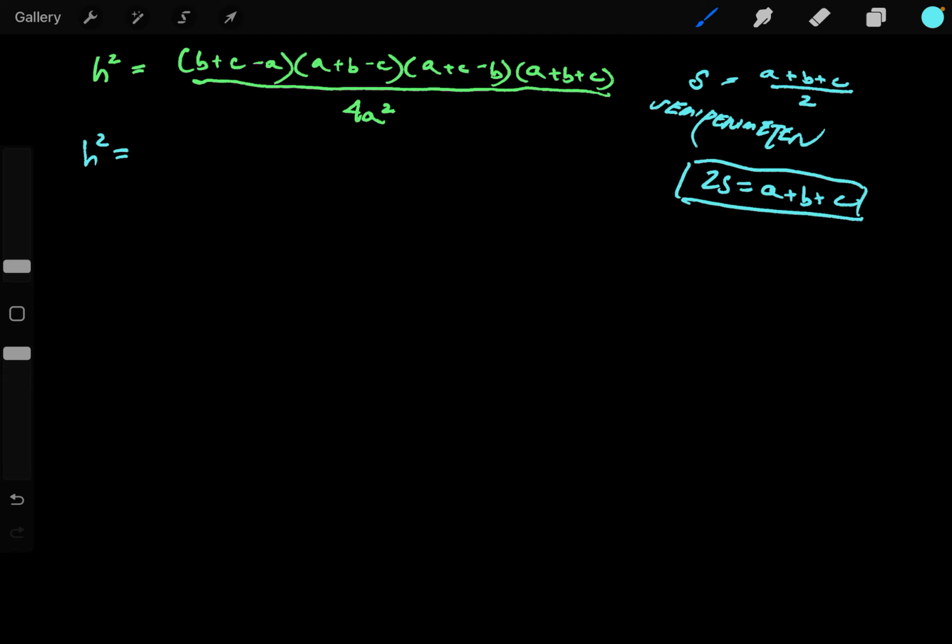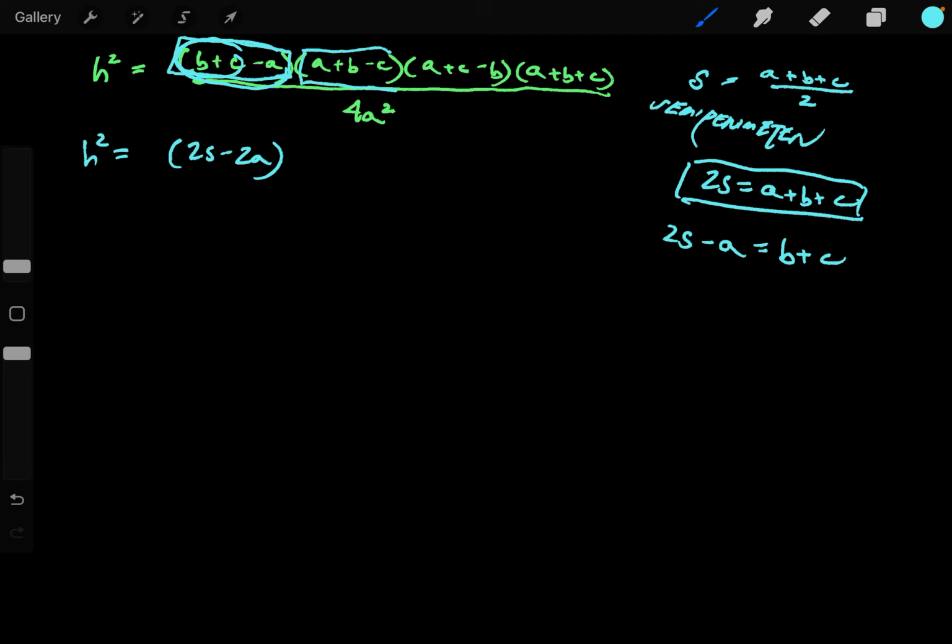How are we going to do this? If you look, 2s minus a is equal to b plus c. So instead of writing b plus c here, I write 2s minus a, minus another a, and that term becomes 2s minus 2a. And you just play this game with each term.